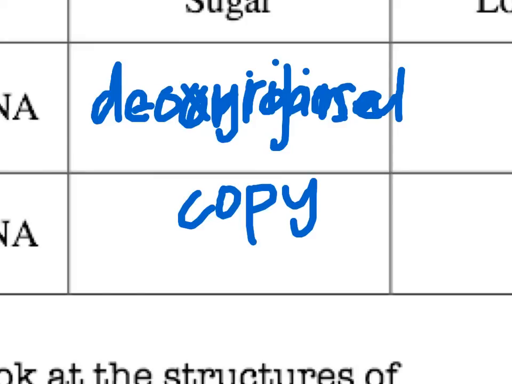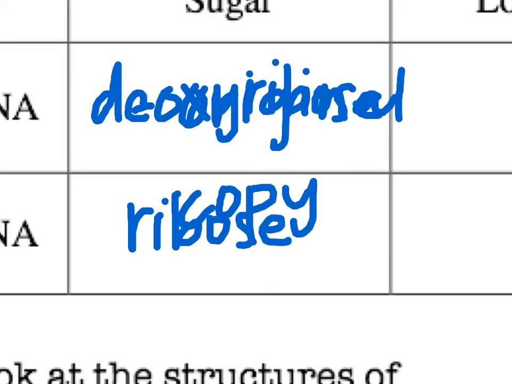And the type of sugar that RNA has is called ribose. Both DNA and RNA are made of nucleotides, and a nucleotide, remember, has a sugar, a phosphate, and a nitrogen base. RNA has these too, but the sugar that they use for their nucleotides is not deoxyribose, it's ribose instead.